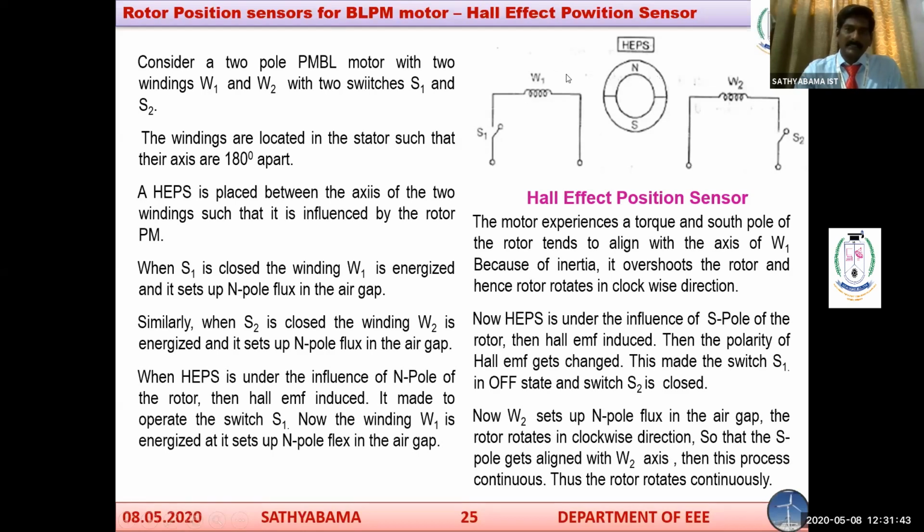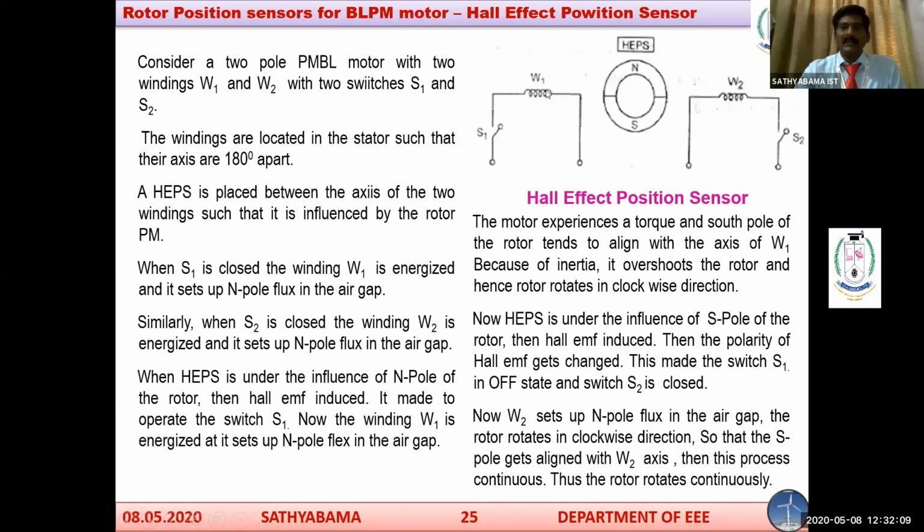Then it gives the signal to the switch S1 to be closed. When S1 is closed, winding W1 is energized and it sets up a north pole flux in the air gap. Automatically, the motor experiences a torque, the south pole of the rotor is attracted, and the rotor rotates and aligns with the stator axis.